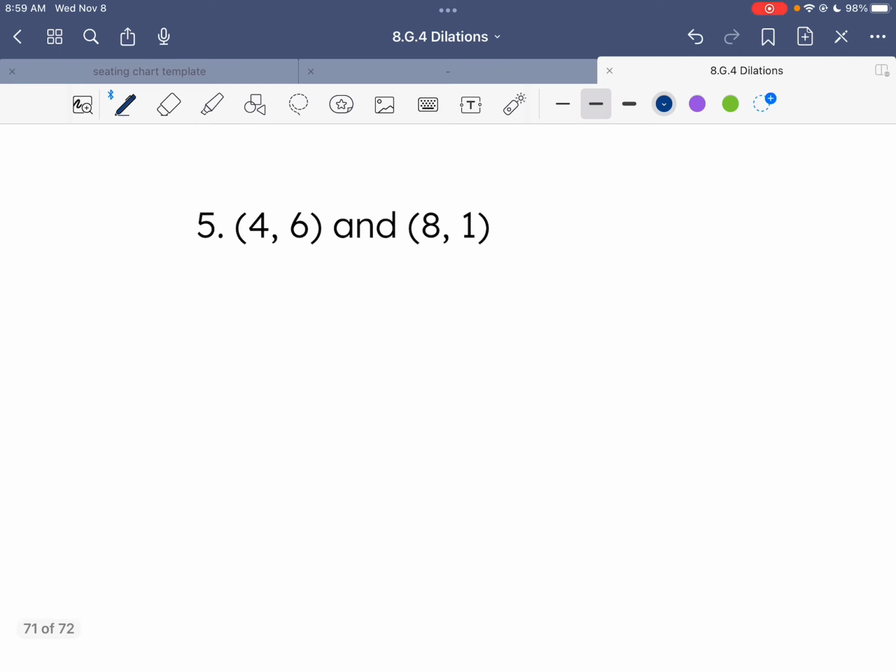Our next one, we have 4 and 8. So the difference from 4 to 8 is 4 units. And then we have 6 and 1.